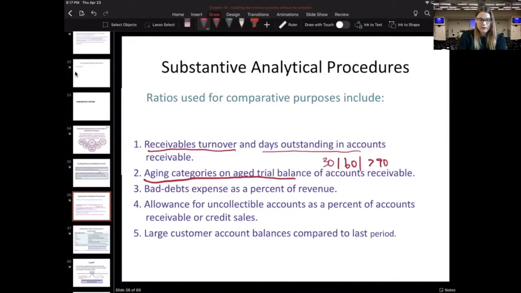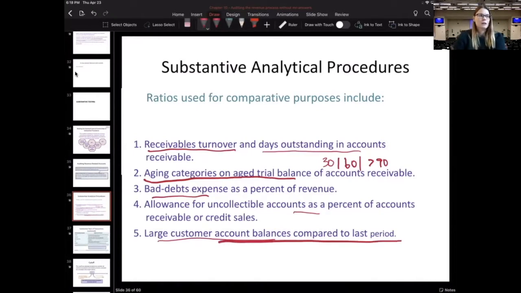You can look at things like bad debt expense as a percentage of revenue. How is that trending over time? AFDA as a percentage of AR. How is that changing over time? Those are, I think, pretty obvious. Like, if it's getting bigger, it's worse. Large customer account balances compared to last period.